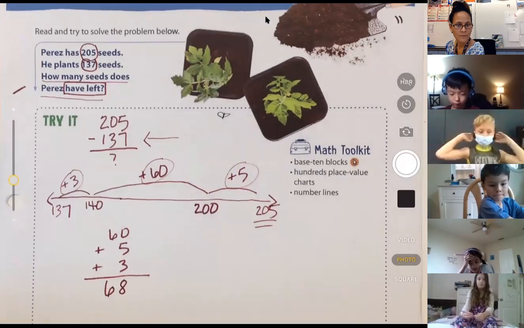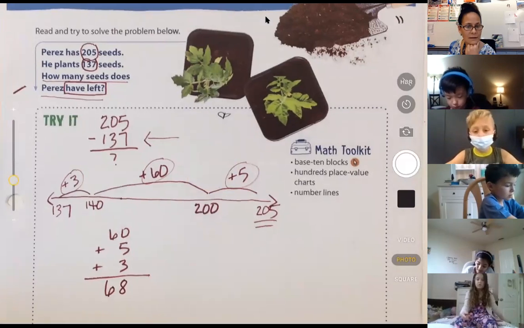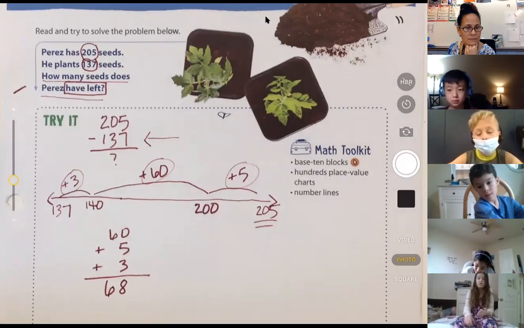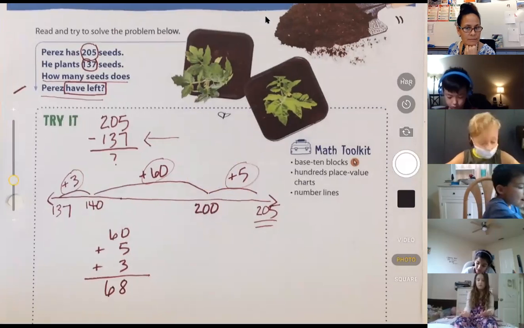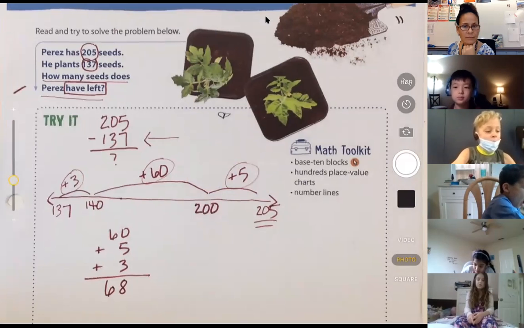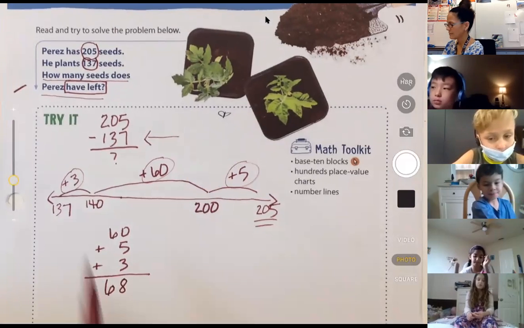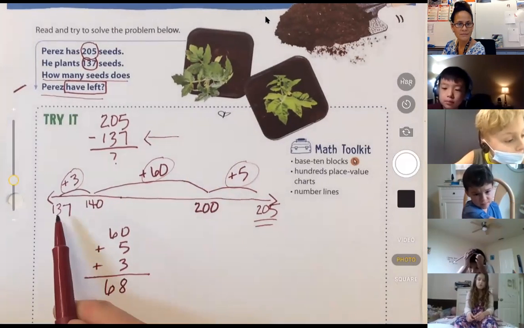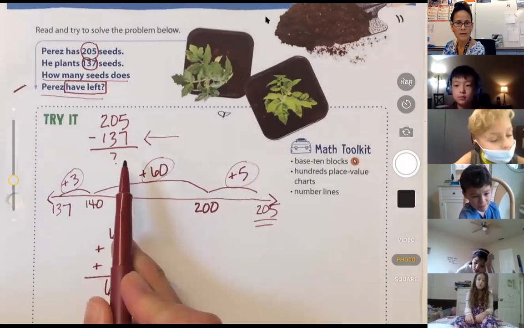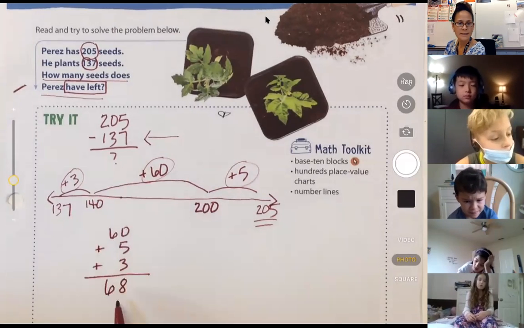Now, could you use the inverse operation to check your work? You definitely could. Because you could take the 137 that you started your number line with, add the 68.